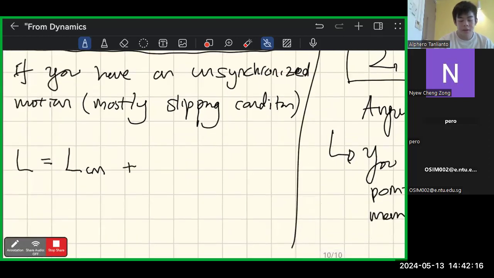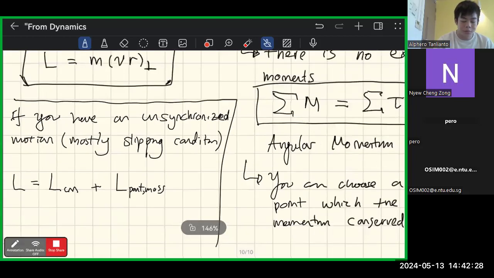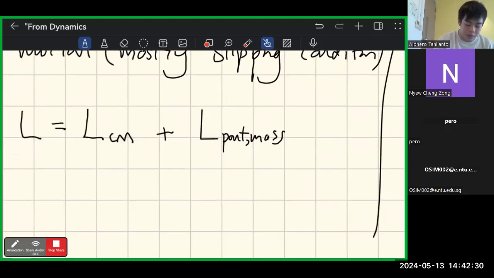by the angular momentum of a point mass. What do I mean by this point mass is that if you have this thing moving with the velocity v, it has the mass m, and v, and it has its angular momentum about its center of mass.